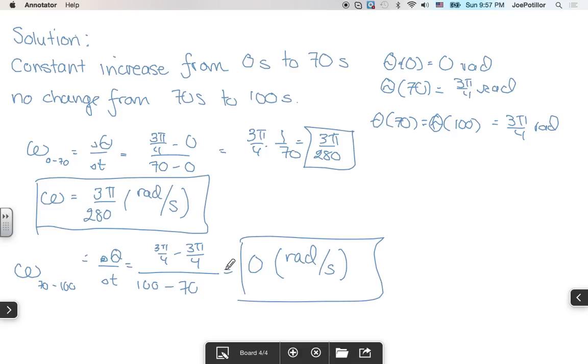So I know that when I graph it, I'm going to have it at 3 pi divided by 280, then I'm going to have it at 0. Now, for the sake of simplicity and so you can actually see what's going on, we're going to draw the scales a little bit bigger.